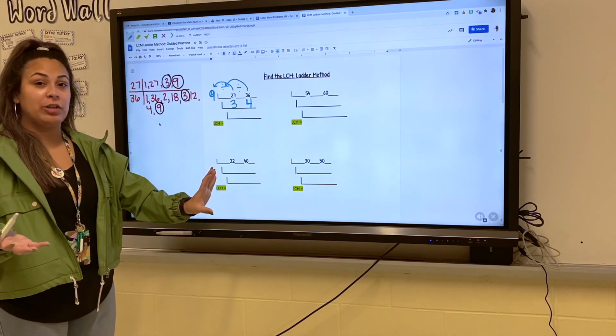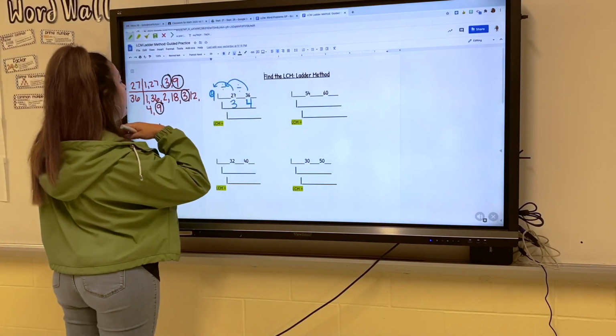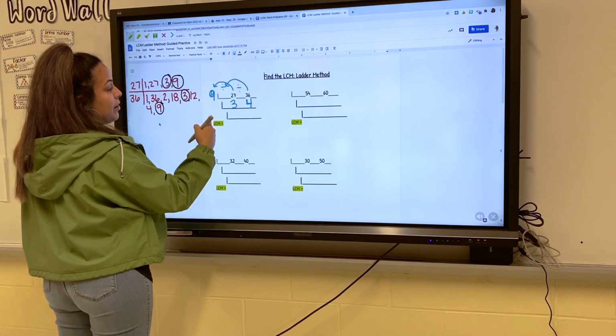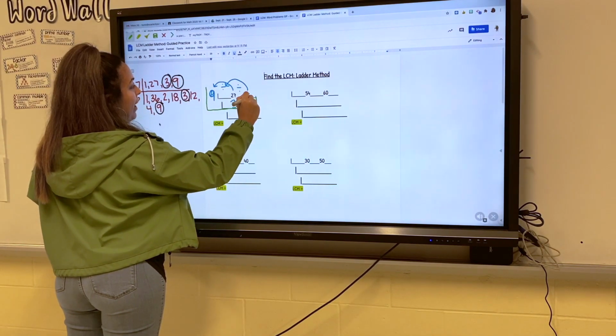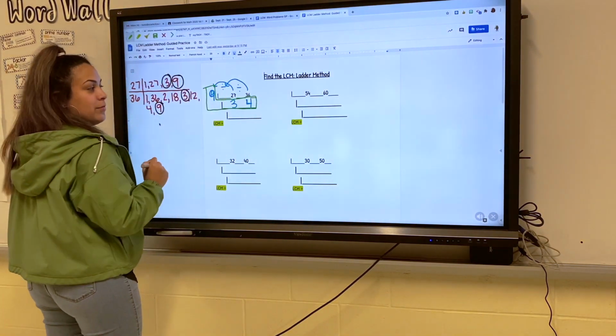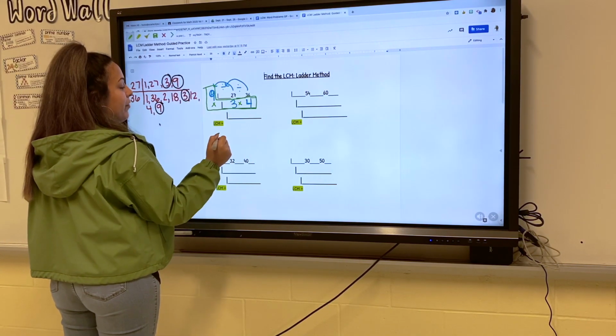So now, this is where we find the LCM. We've done factoring it out. How we find the LCM is we take all of the numbers that would be on the outside and in the bottom row of the ladder rung, we make like an L for LCM, and then multiply all of the numbers.